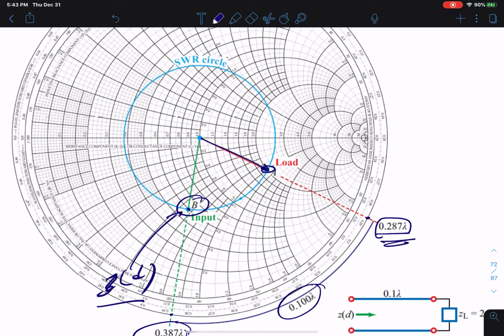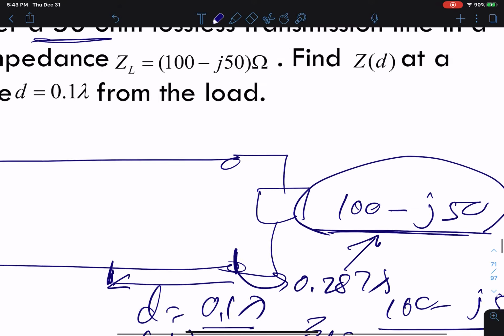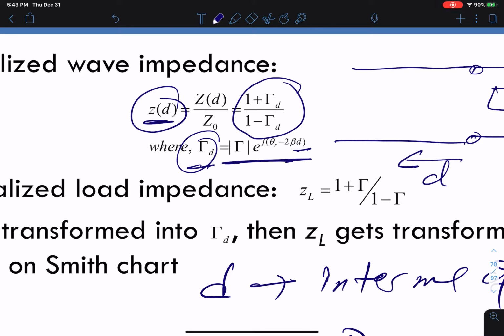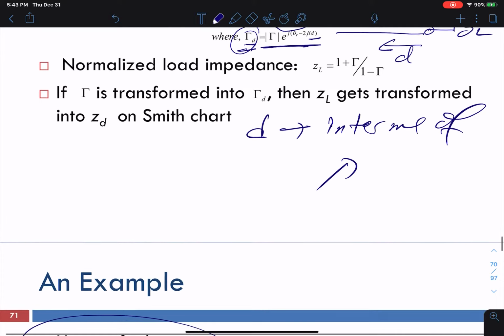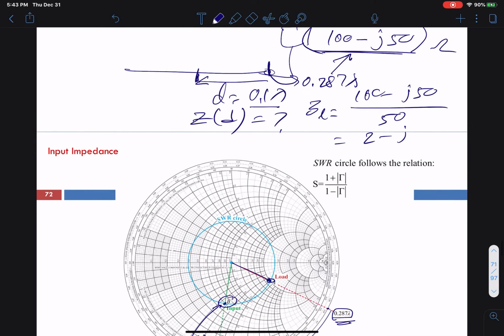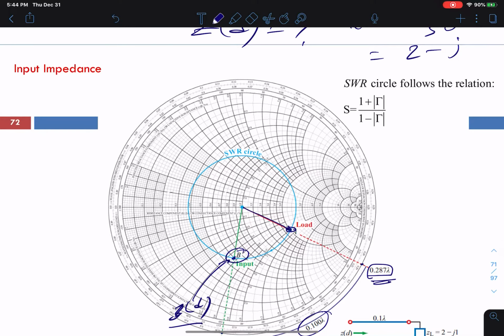Your ZD depends on where you are with your gamma D. Gamma D does not change the magnitude, only the angle. So this circle, this radius, represents the gamma D. Everywhere on the circle we have the same magnitude.